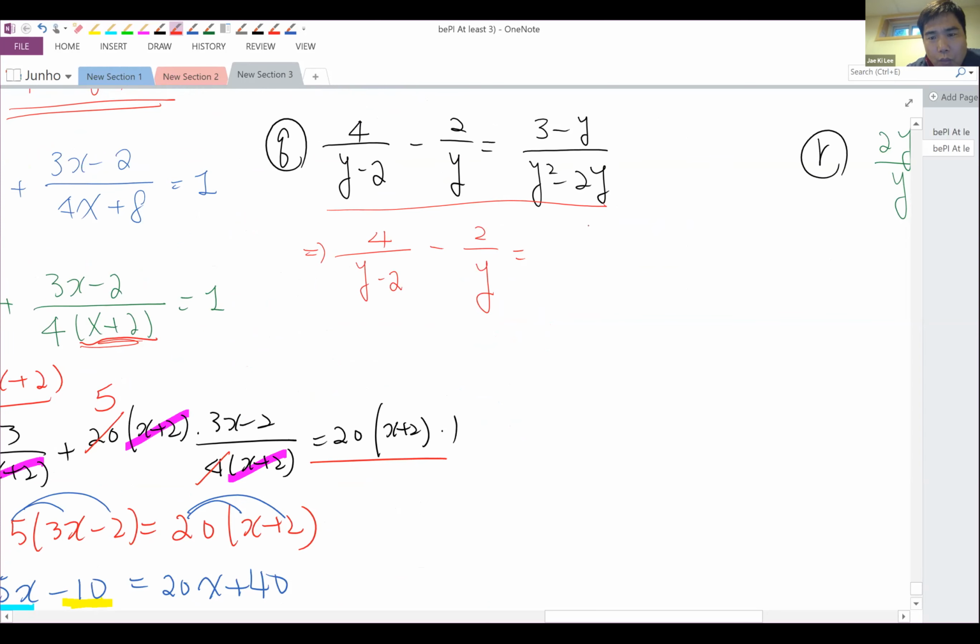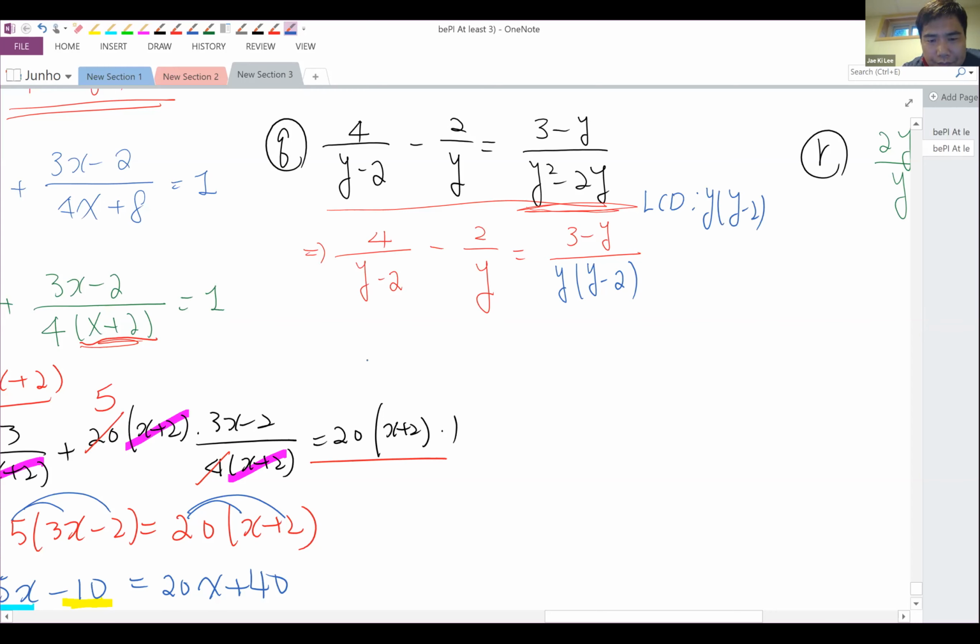What about the third one? y squared minus 2y, if you factor it out, so y times (y minus 2), right? Yes. What's the LCD? y times (y minus 2). Yes, y times (y minus 2).